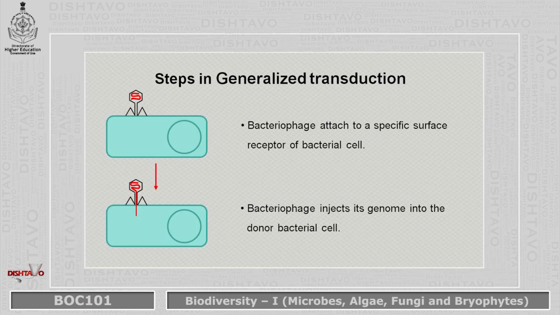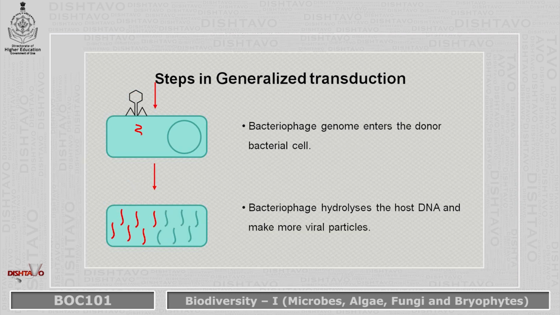Steps in generalized transduction. See, this is a bacteriophage. It contains a head, tail and tail fiber, and the genome is packed inside the head of the virus. In generalized transduction, the bacteriophage attaches to the receptor of the bacterial cell and injects its genome into the bacterial cell.